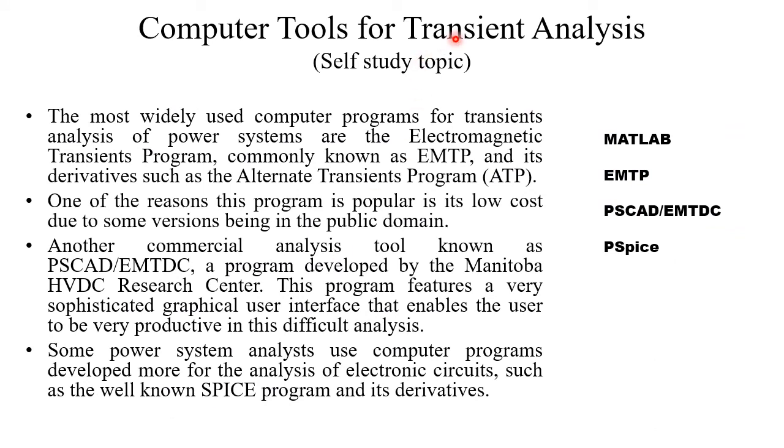Computer tools for transient analysis. There are numerous computer tools for transient analysis, but the most commonly used tool for the analysis is EMTP. EMTP means electromagnetic transient program, and then PSCAD.